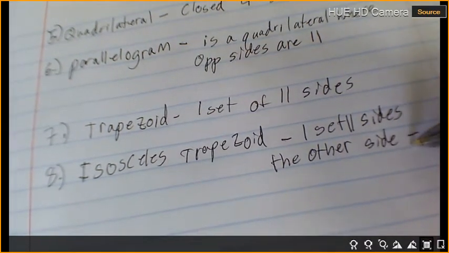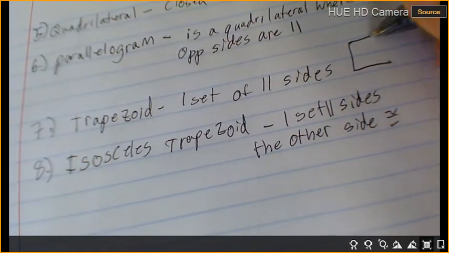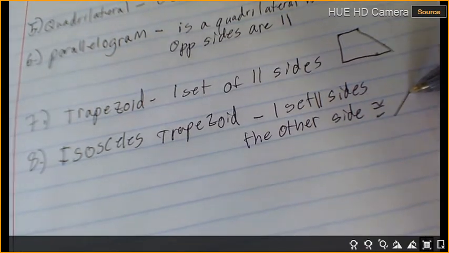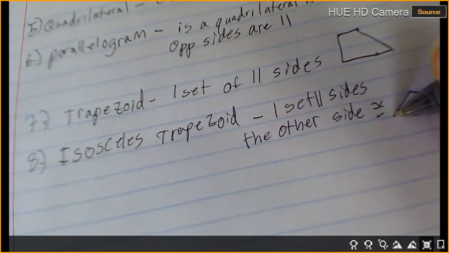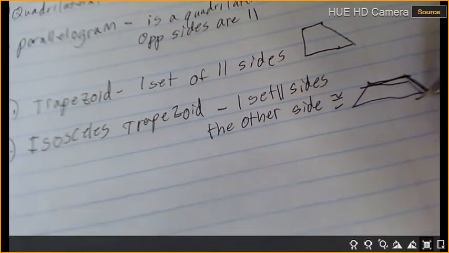The other sides are congruent. So this is a trapezoid, just a regular one. Okay? This is an isosceles trapezoid, but better drawn. Not so messy.